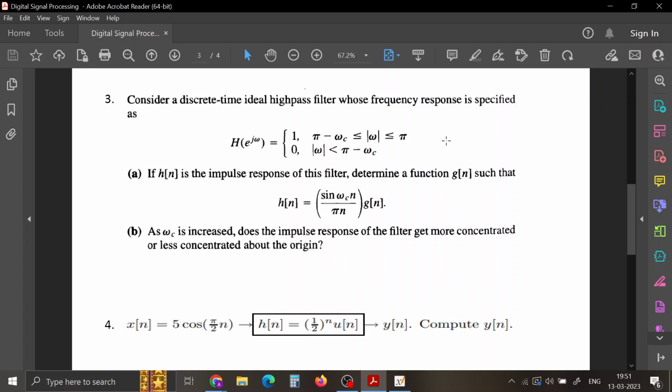In that problem you got something of the form delta of n minus sine omega c n by pi n. Anyway, let's do it.